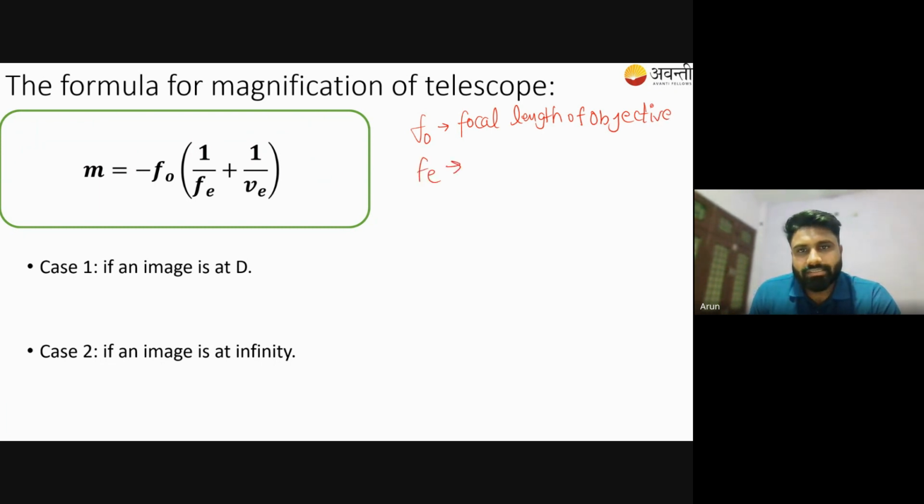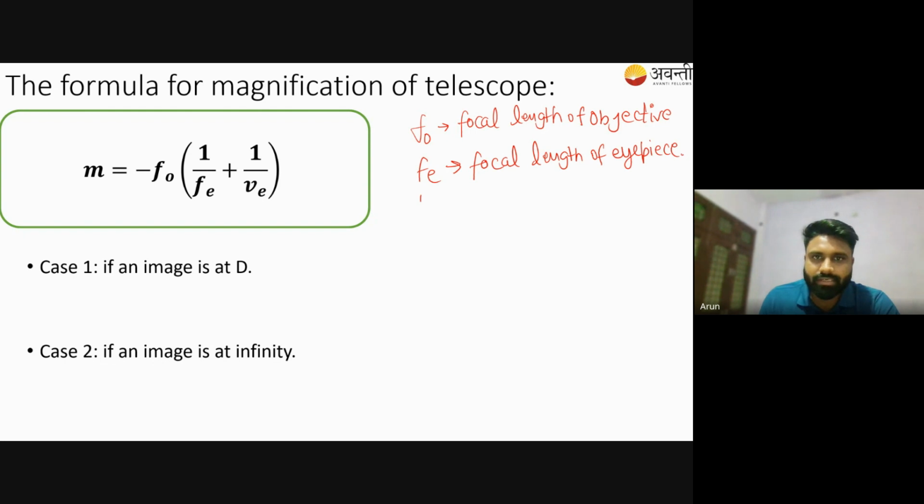Fe is the focal length of the eyepiece. Okay. And V is the distance of the image from the eyepiece.